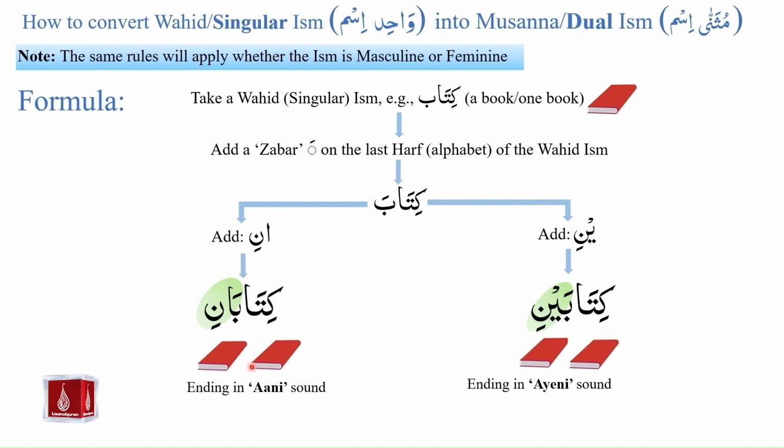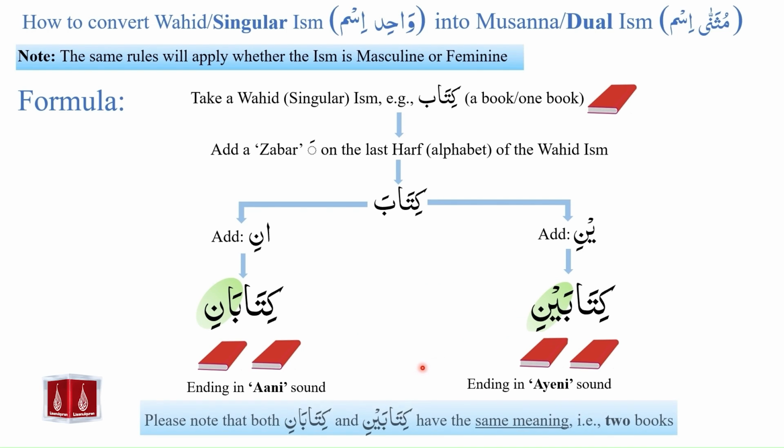One will end up in the ani sound and the other will end in the aini sound. Whenever we hear a word and we hear the ani sound or aini sound at the end, for example, kitabani or kitabaini, we should immediately think of the word being used in a dual sense or in the musanna sense.